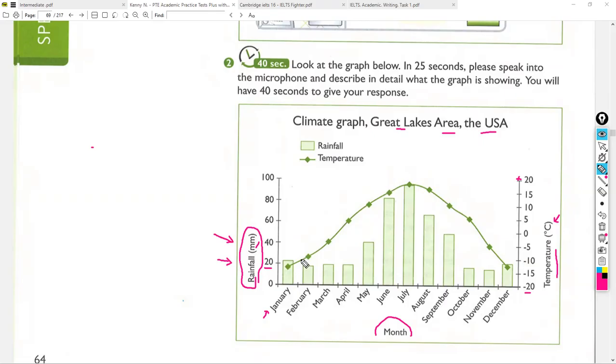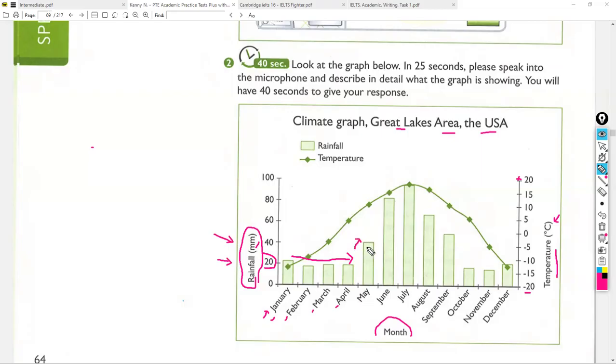Ali, do we have an increase here? I think that approximately we have the same amount of rain. So we can notice that January, February, March, April, approximately we have the same amount of rain, approximately 20 millimeters. So we don't have rising up. The rising up starts from May.